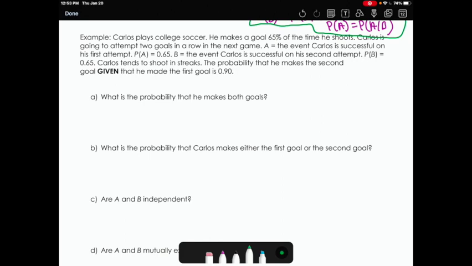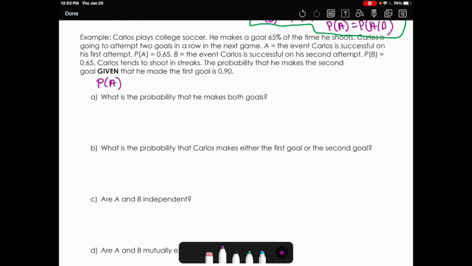So that probability would be 0.65. B is going to be the event that Carlos is successful on the second attempt, meaning on the second try he gets a score. And that probability is going to be given that he has made the goal on the first try.